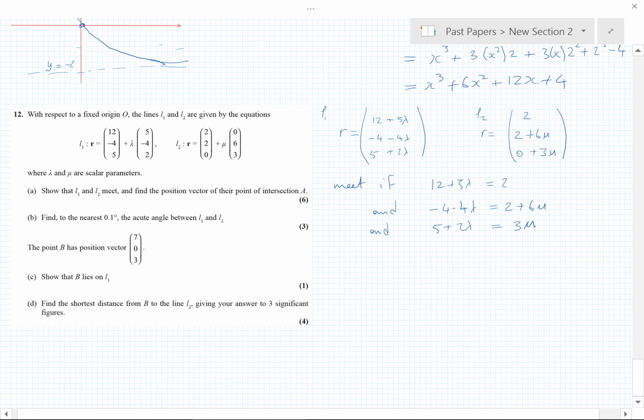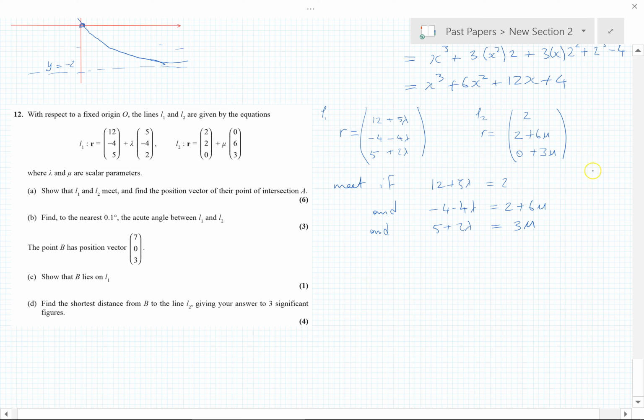Right, so if we can find the value for lambda here, and that lambda produces the same value of mu in both of these, then we can show that they meet, and also we can easily sub it back into L1 or L2 to find where they do meet.